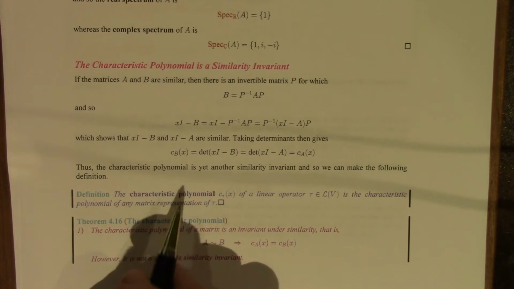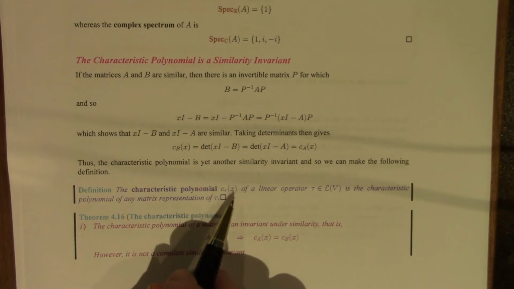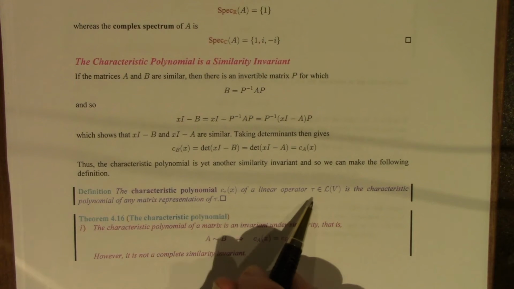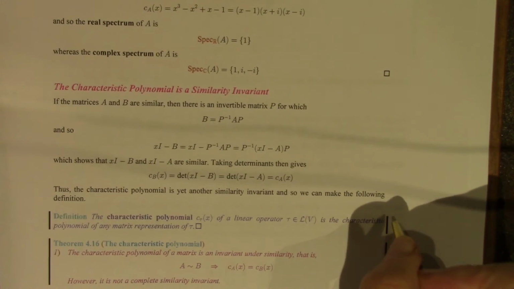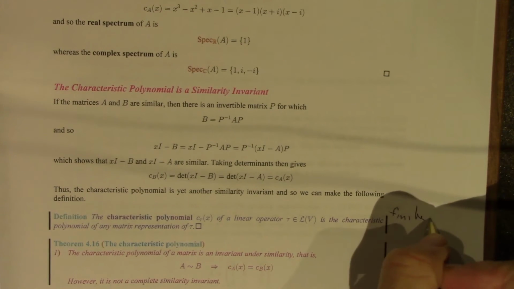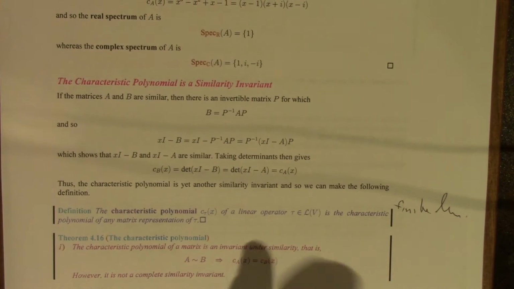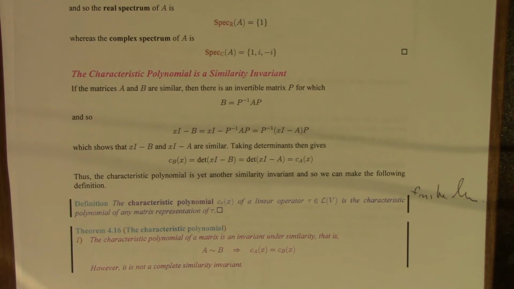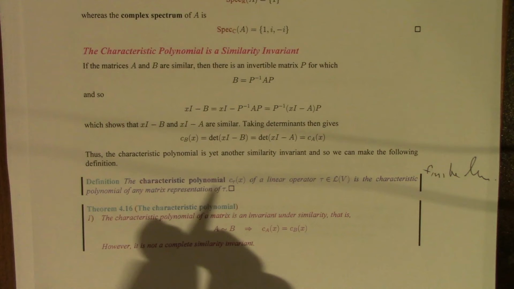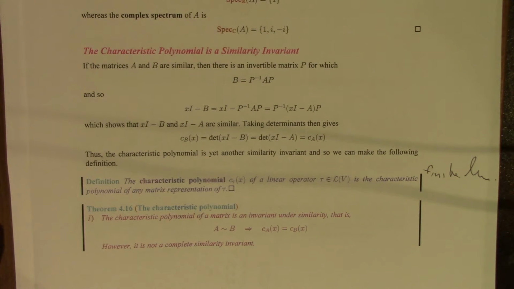That allows us to define the characteristic polynomial of a linear operator on a finite dimensional vector space to be the characteristic polynomial of any of its matrix representations. Okay.